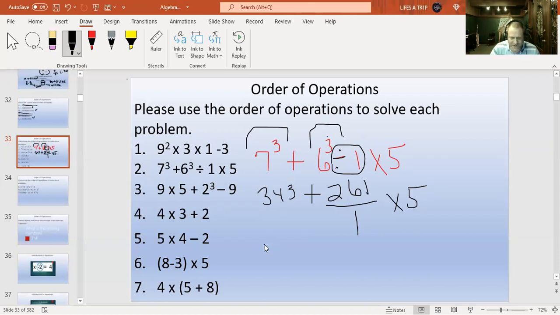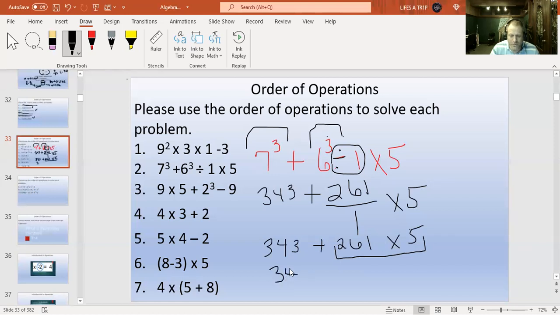So let's finish out the problem. 343 plus 216 times 5. And we can do our multiplication, which is next.